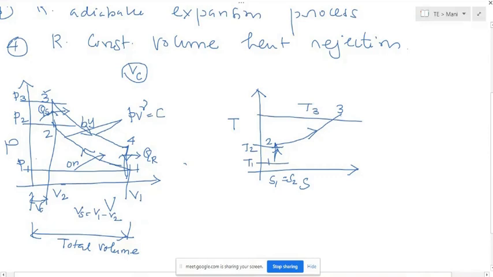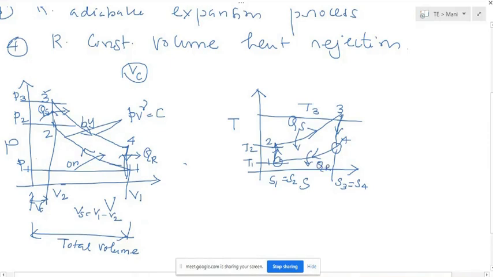And next is an expansion process, temperature getting decreased because of pressure decreased, and the final process is a constant volume heat rejection. Heat rejection means temperature is decreased, from this position to this position, temperature decreased. Because of the adiabatic process, here you maintain the entropy as a constant. Okay? So here heat addition, here heat rejection.